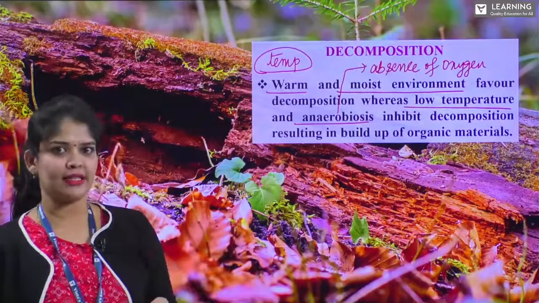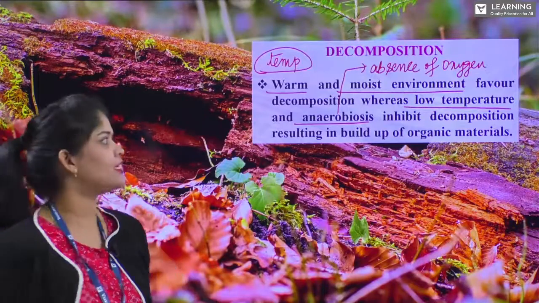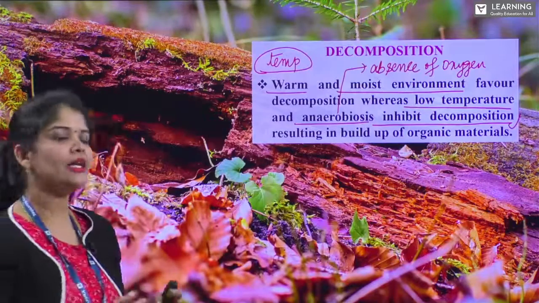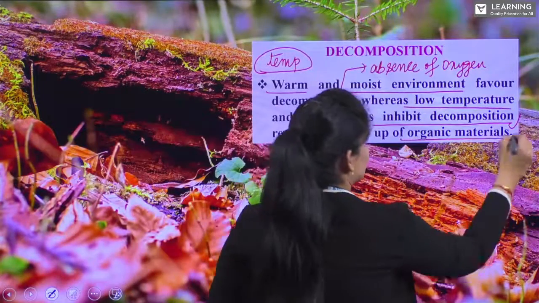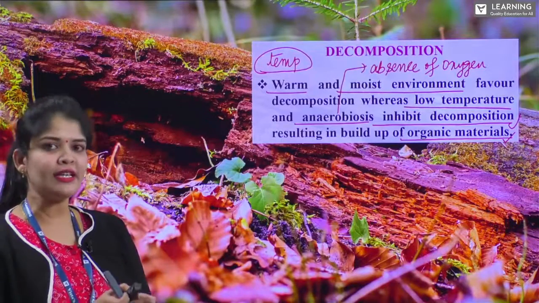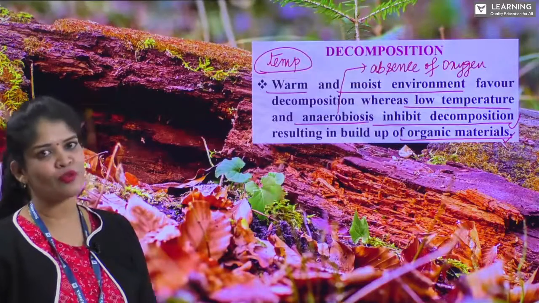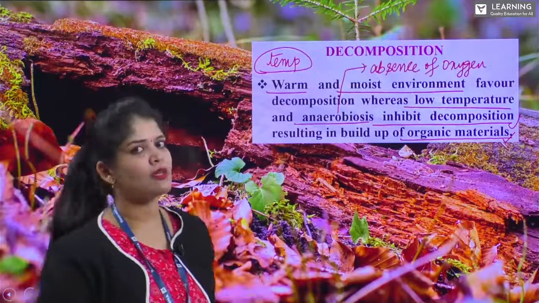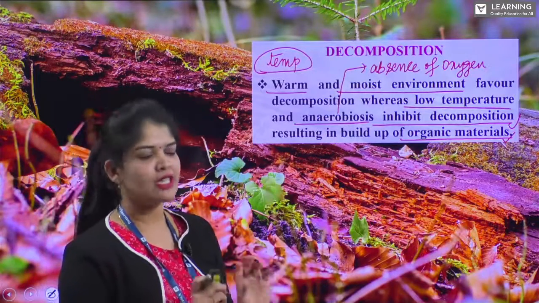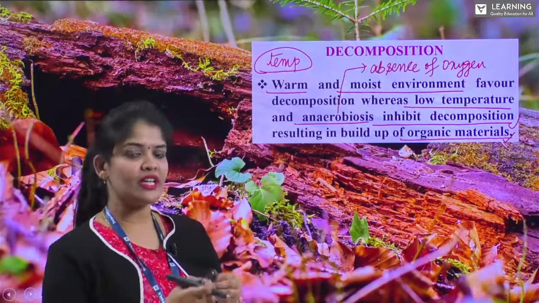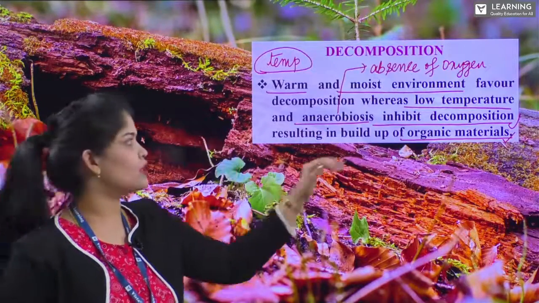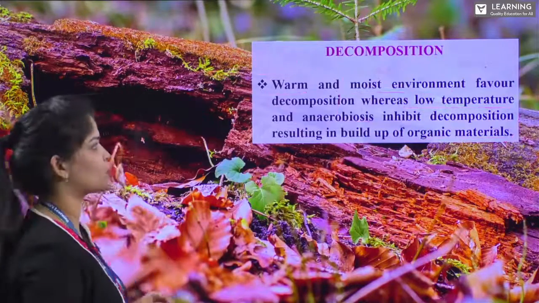If there is no availability of oxygen, definitely it inhibits decomposition, resulting in building up of organic material because it is not converting into simpler inorganic materials. So therefore it leads to the piling up of organic materials. So this is all about temperature. Here, warm and moist environment favors the process of decomposition, whereas very low temperature as well as absence of oxygen inhibit the decomposition process.